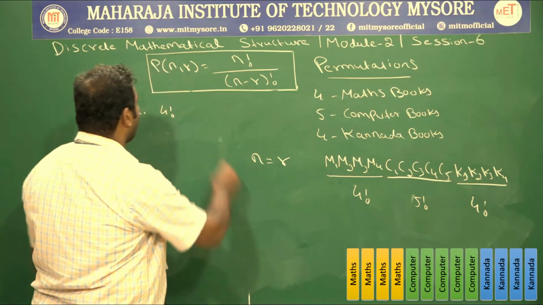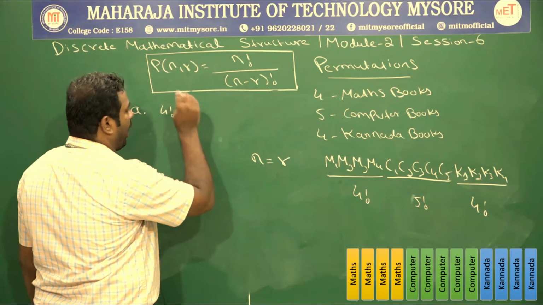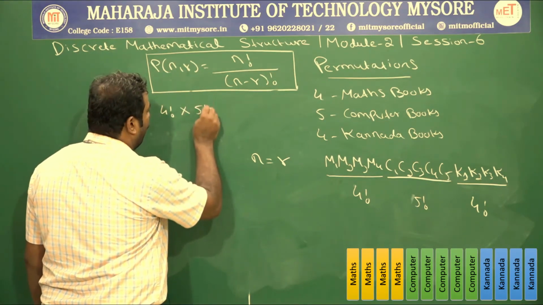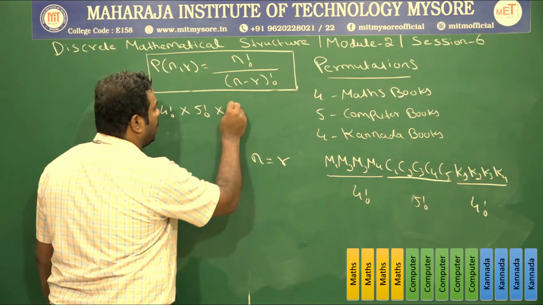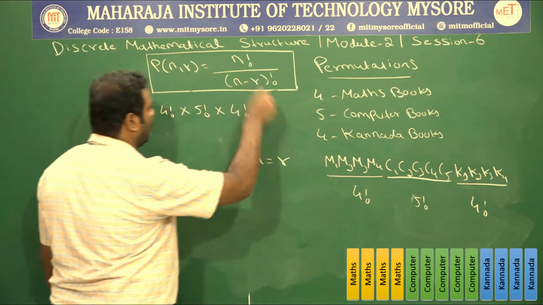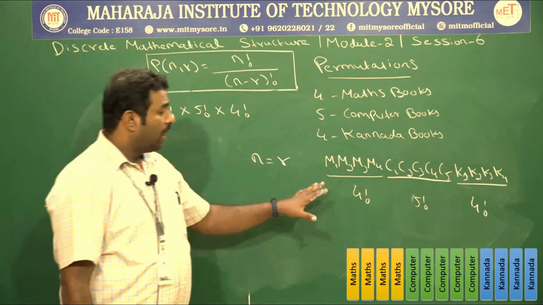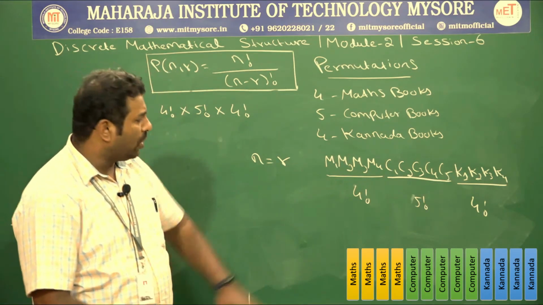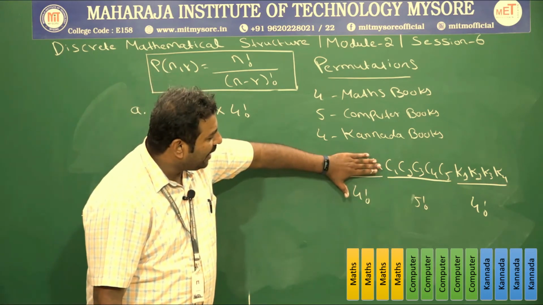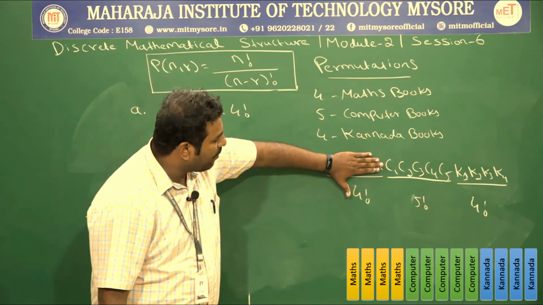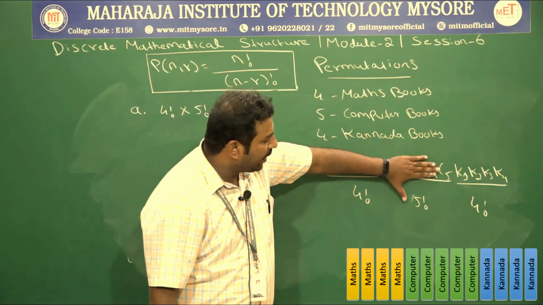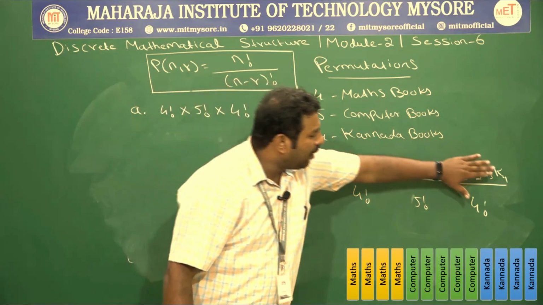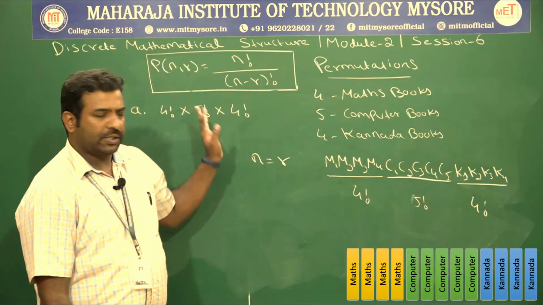Hence I am going to use the product rule: 4 factorial into 5 factorial into 4 factorial. This is done, and my solution is not yet complete, because now I have done the internal arrangement of each block.